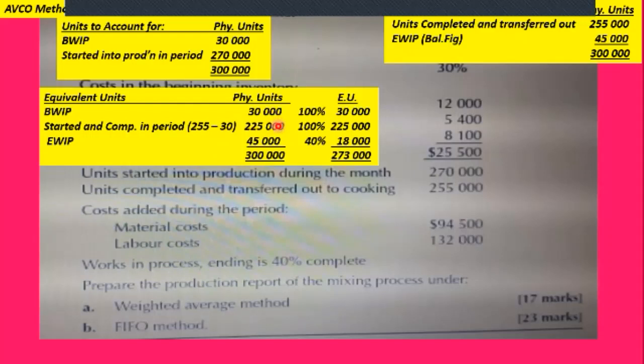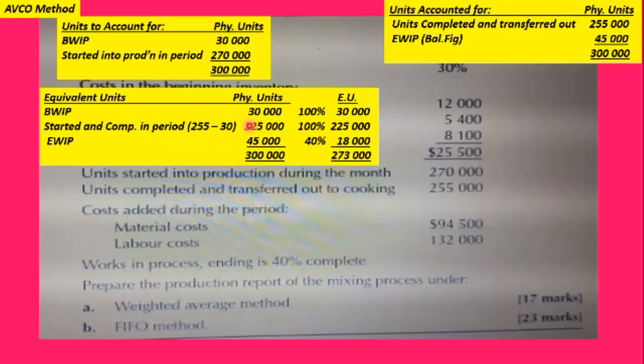Because the formula for this is the total cost of the 30,000 as well as the 225,000. So the total cost, regardless of which period it comes from.